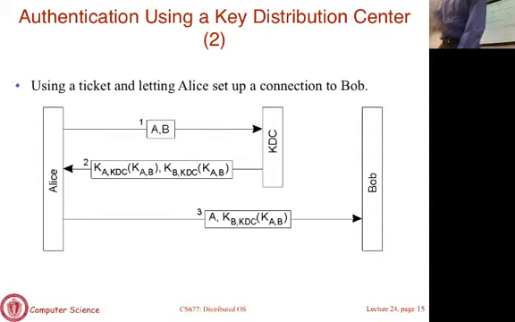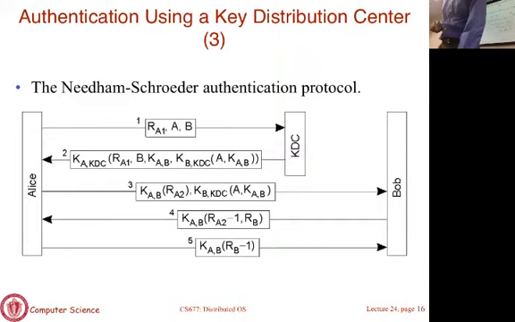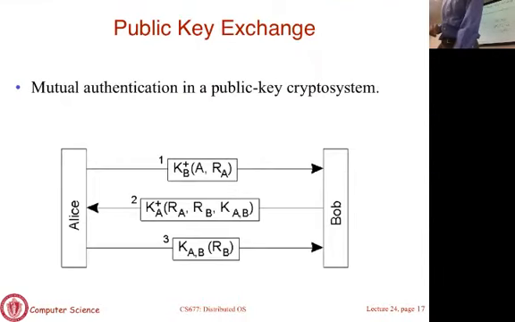There are more complicated versions of the protocol here that I'm going to just ignore. The basic point is you can either use a key distribution center or you can directly do mutual authentication using private and public keys and nonces. Now all these protocols, although we are seeing just random messages, are actually implemented in distributed systems.